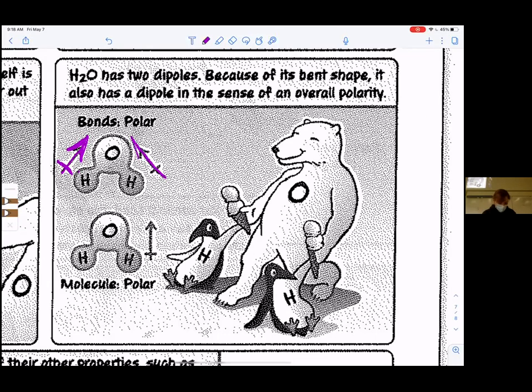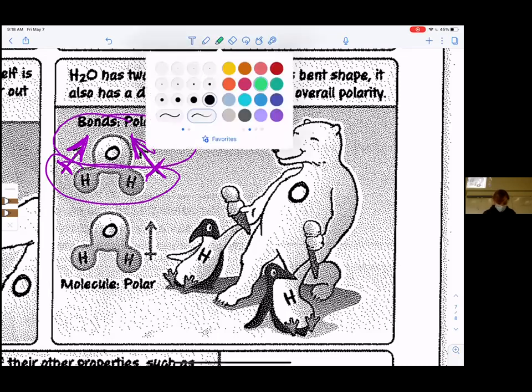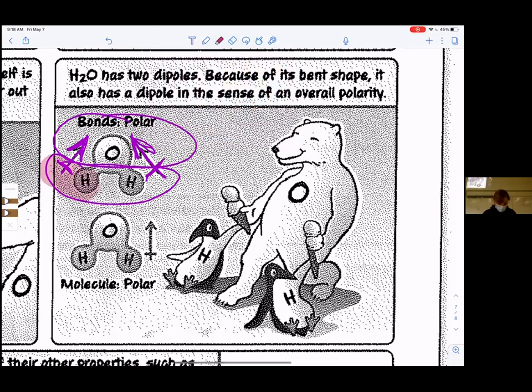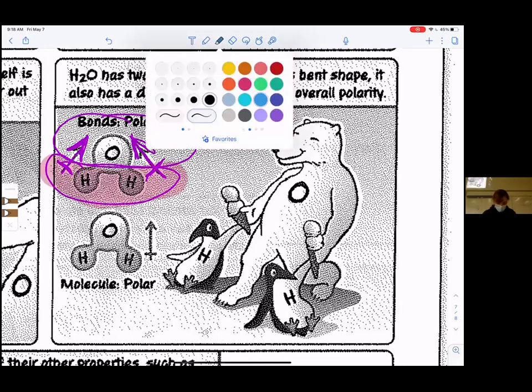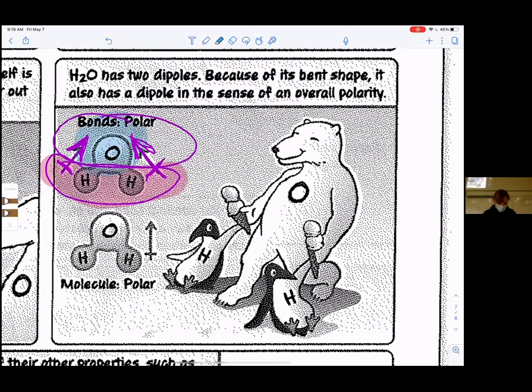You've got an oxygen hogging electrons from a hydrogen. So you end up partially positive down here in the hydrogens and partially negative up here at the oxygen. And that right there is what we're going to talk about for the next week and a half.